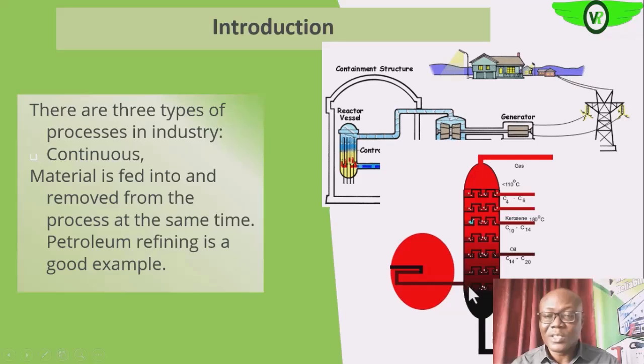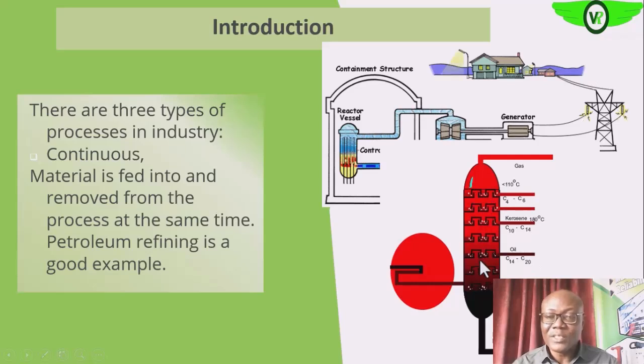The parts of it that have been vaporized will rise up the column, and as they rise up the column, they are cooled at different trays. This is done with respect to the boiling point of the various products in the crude. So at the draw off point, we have different products as you can see.